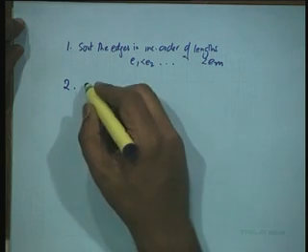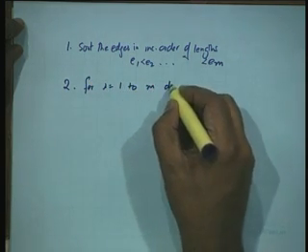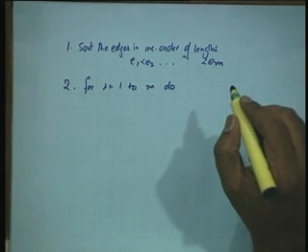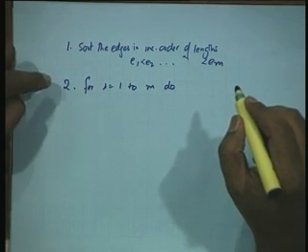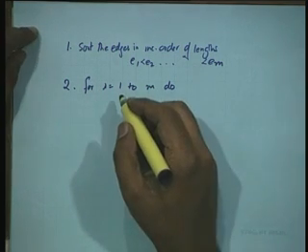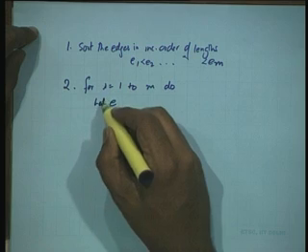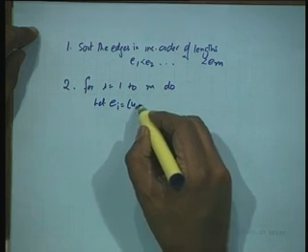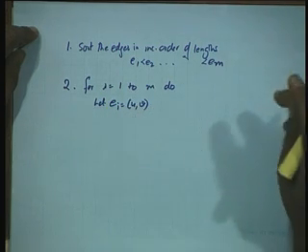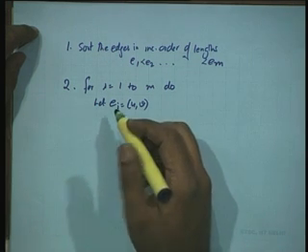Okay, now what should I do? For I equals 1 to m do, I pick an edge. What is the edge? EI, I am considering the edge EI. So, let EI equals u comma v, which means that u and v are the two endpoints of the edge EI. What is it that I have to do?